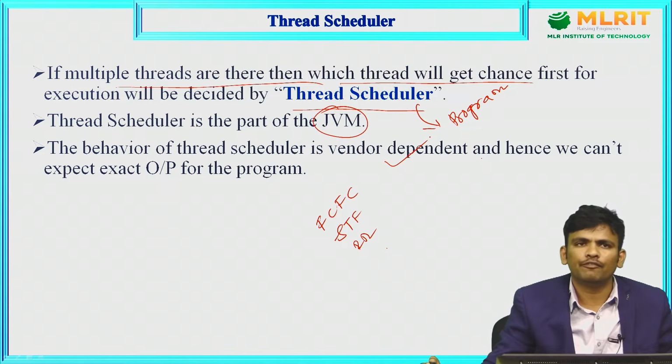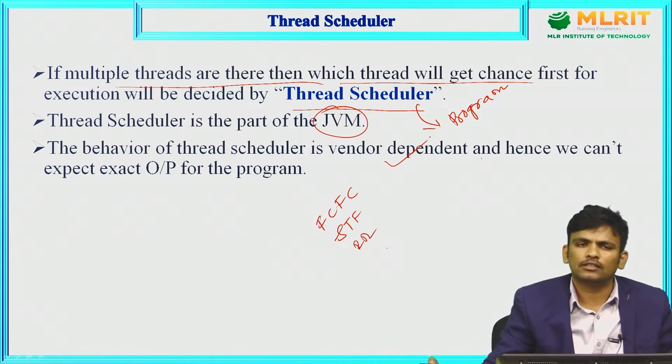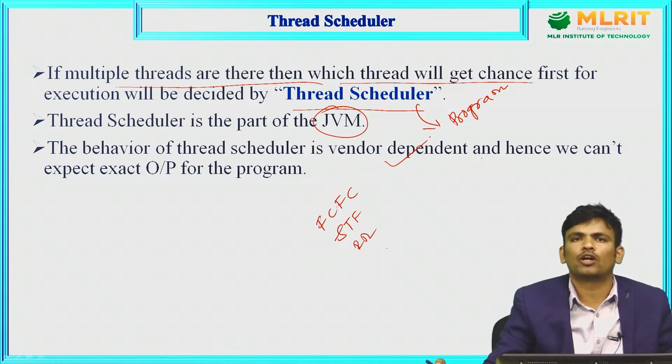Suppose if you are using a Windows machine, your output will change. If you are using Linux, your output will vary. From run to run, operating system to operating system, and vendor to vendor, the output will vary and is not fixed.